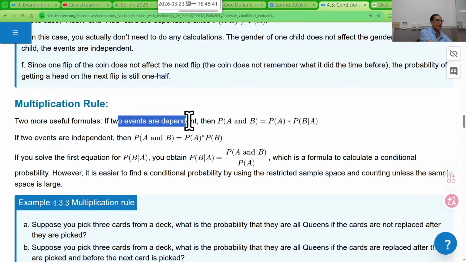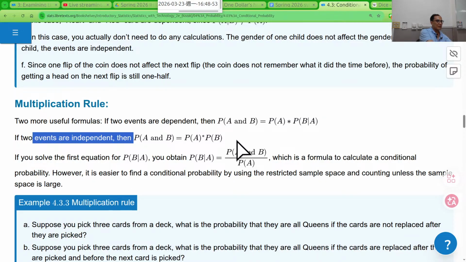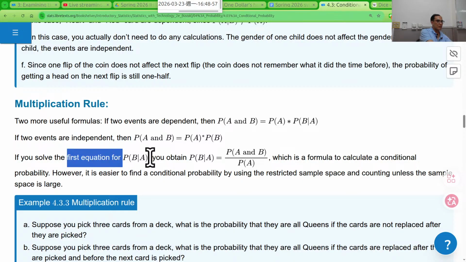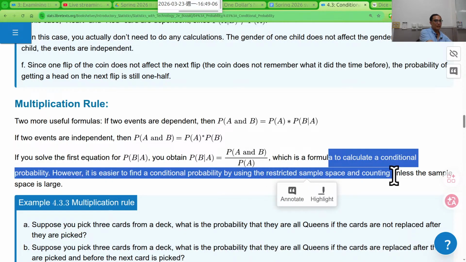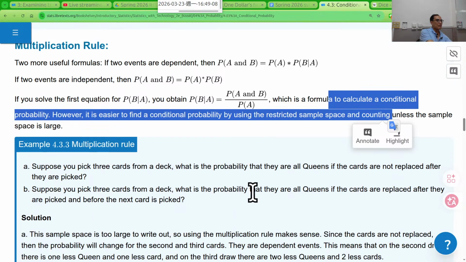If two events are dependent, then probability of A and B equals probability of A times probability of B based on A. If two events are independent, if you solve the first equation, you obtain the probability of B based on A. This is the formula to calculate the conditional probability. However, it's easier to find the conditional probability directly.